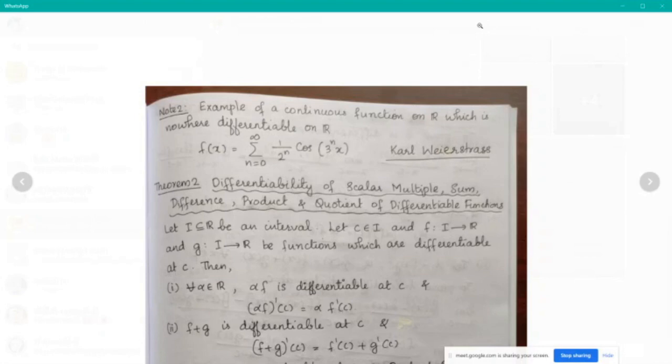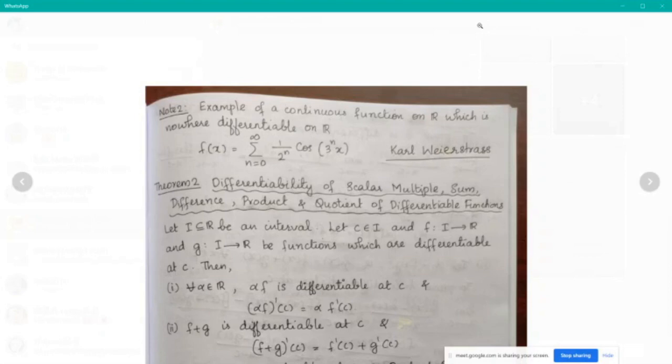It is expressed as the sum of an infinite series. Proof is not given for you, but നിങ്ങൾ ആ ഫംഗ്ഷൻ ഒന്ന് ഓർത്തിരിക്കുന്നത് നല്ലതായിരിക്കും. Example of an everywhere continuous but nowhere differentiable function. എല്ലാ പോയിന്റിലും കണ്ടിന്യൂസ് ആണ്, പക്ഷെ ഒരു പോയിന്റിൽ പോലും ഡിഫറൻഷ്യബിൾ അല്ലാത്ത ഒരു ഫംഗ്ഷൻ്റെ എക്സാമ്പിൾ.